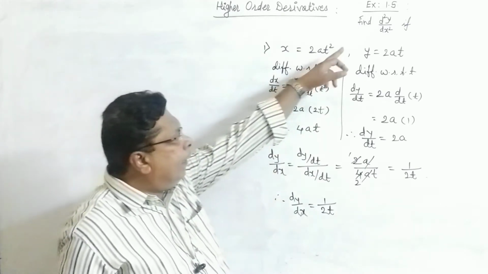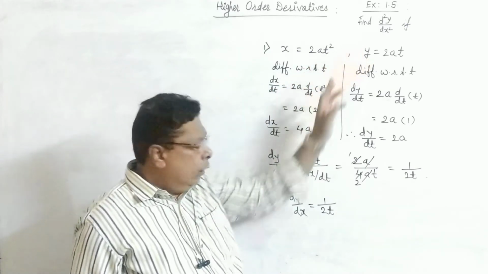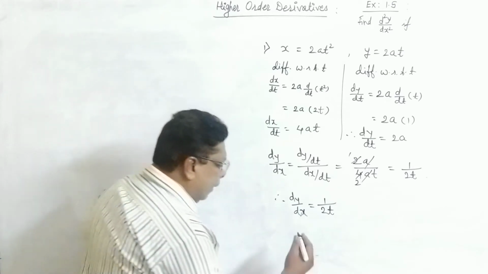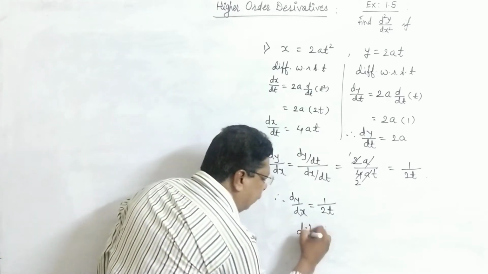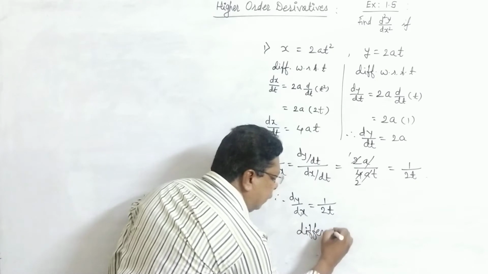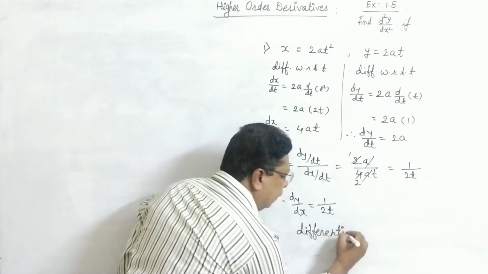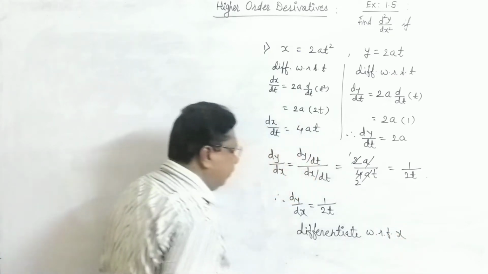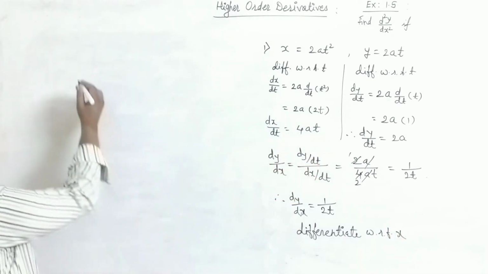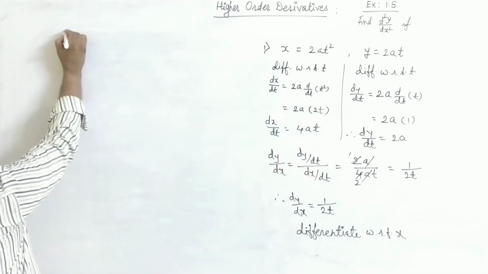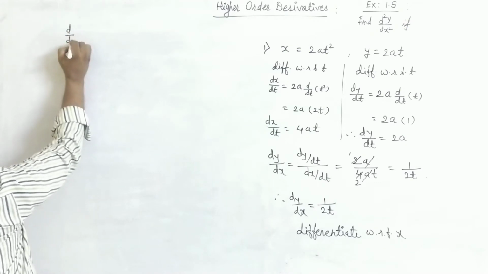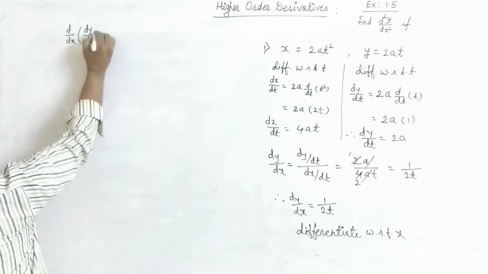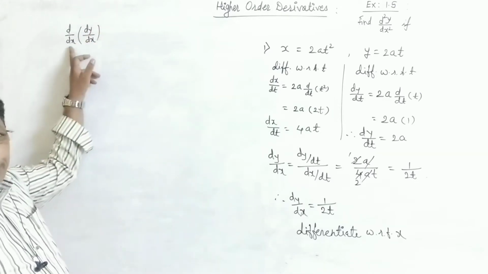Now we have to find d square y by dx square. So differentiate this function with respect to x again. Now d by dx of dy by dx, we are differentiating with respect to x.